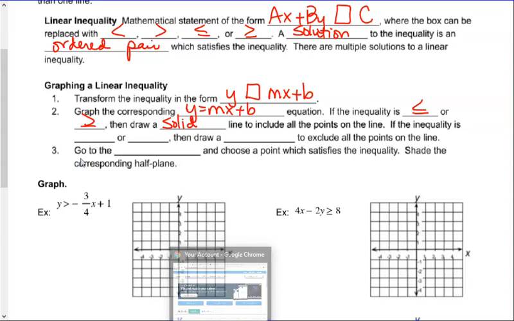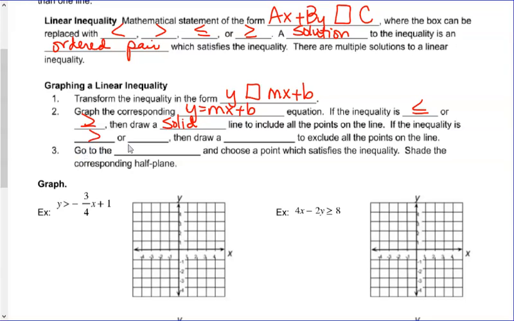And if the inequality that you have is greater than or less than with no equals, then to symbolize not including those numbers, we do a dashed line to exclude all the points that are on the line. Now, this is what I like to do in step number 3, but the real thing is to choose a point, plug it into the inequality, and see if you get a true or a false statement.